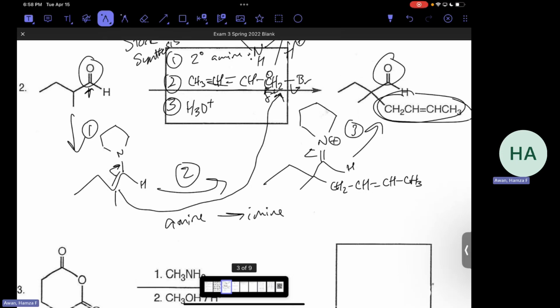It's just the protonation, just getting rid of the.